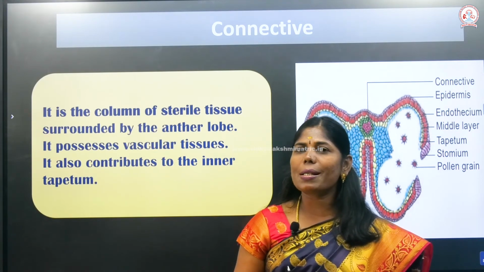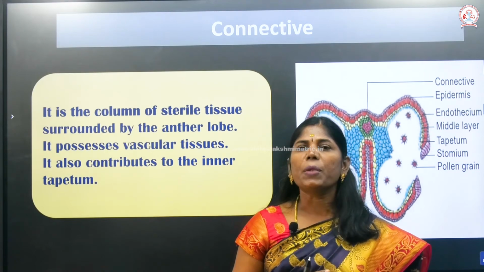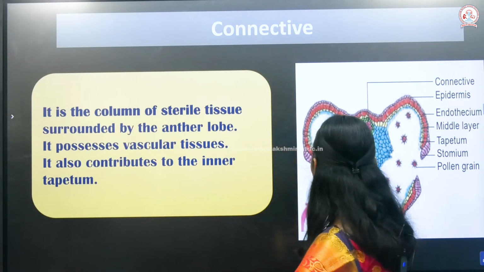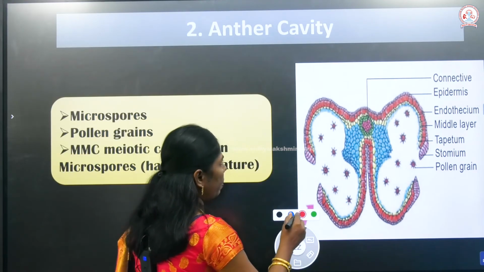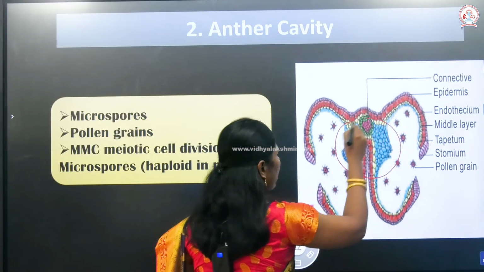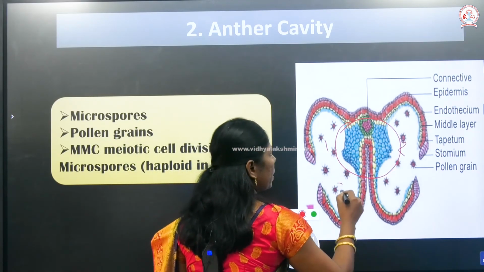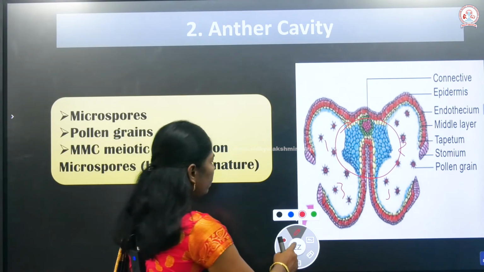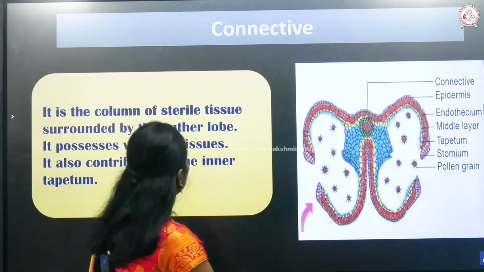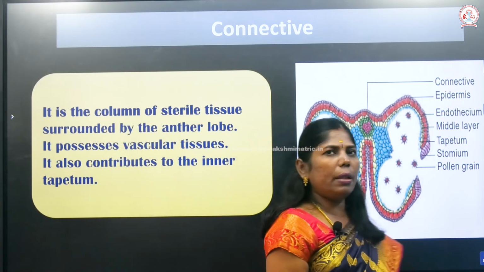Actually, this is a sterile tissue, where no divisions occur. The connective tissue is surrounded by 4 lobes, and the 4 lobes surround the connective tissue. It also contributes to the inner tapetum.